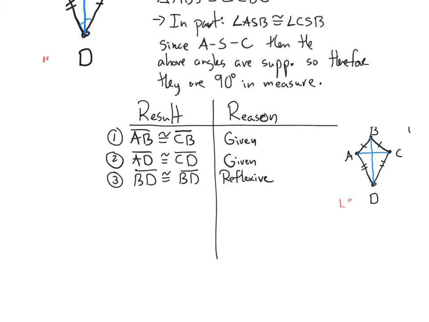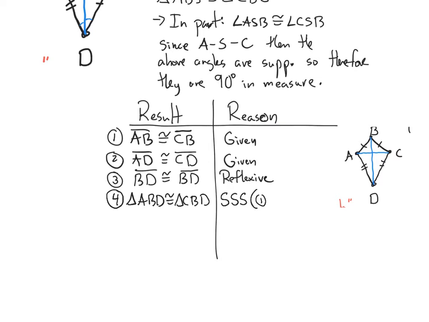So I can use them now to get that the triangles ABD and CBD are indeed congruent. And we know that by the side-side-side axiom. And I like to tell people how I reasoned that.